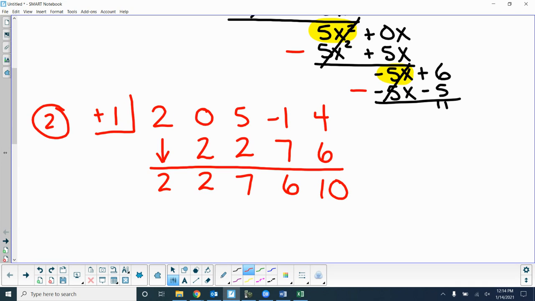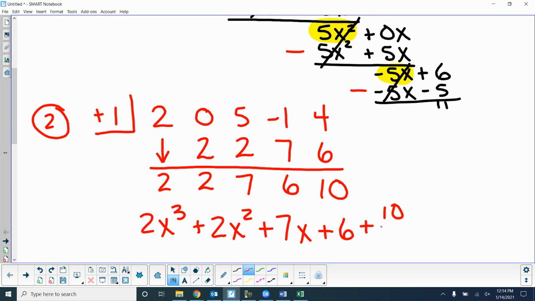Questions, anybody? Alyssa, what's the answer? X cubed plus 2x squared plus 7x plus 6 plus 10 over x squared.